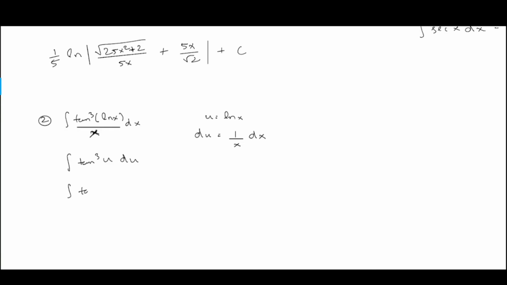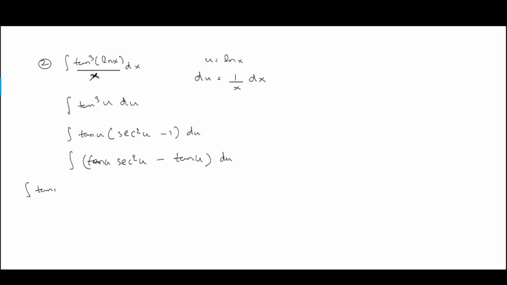Then we know tan cube u is tan u times tan squared u, which is secant squared u minus 1, du. So it is tan u secant squared u du minus tan u du. First part right here, this is tan u secant squared u du, where we can put v equal to tan u, and dv becomes secant squared u du.